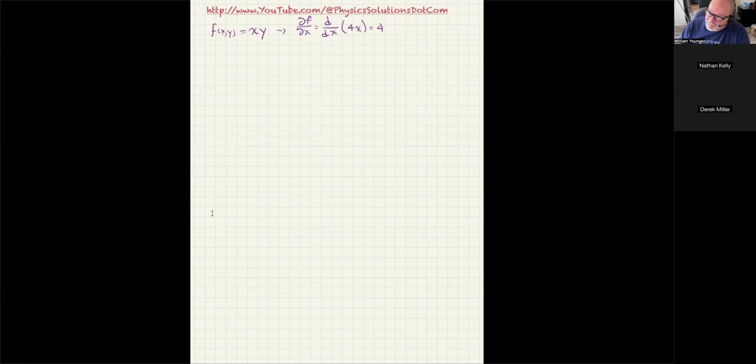But it's not really 4. 4 is what we use to substitute for y. So the answer is technically y. So the partial derivative of f with respect to x is in fact y. The partial derivative of f with respect to y is d by dy of, now this time I'm going to take the x and replace it with a 3, so I get 3 times y.